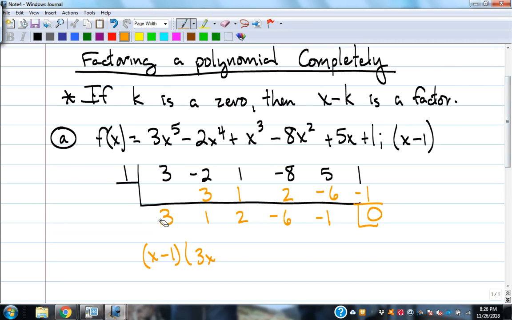The quotient, this bottom row here, is going to be 3x to the 4th power plus x to the 3rd power plus 2x squared minus 6x minus 1. The first step in factoring it is doing that synthetic division with the factor that they're giving us.